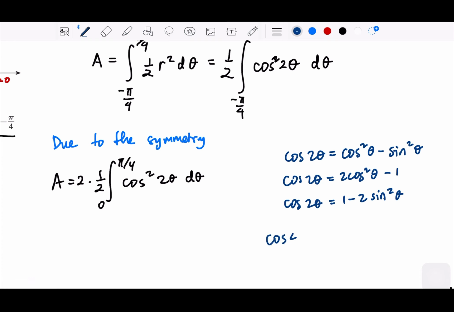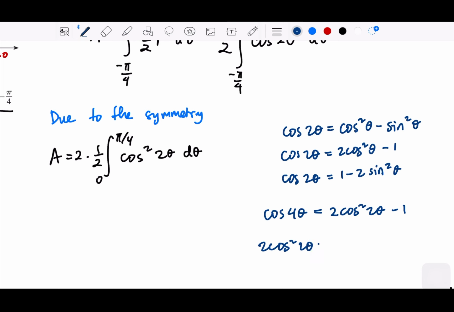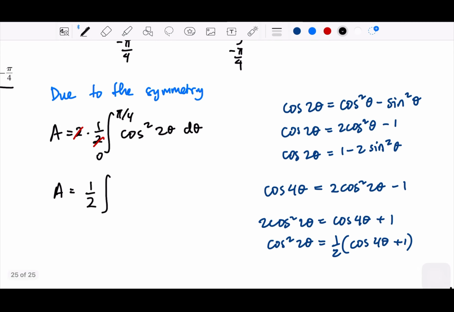Okay, we are using that. So this is cancelled, and the area is another half, from 0 to pi over 4 of cos 4 theta plus 1 d theta.